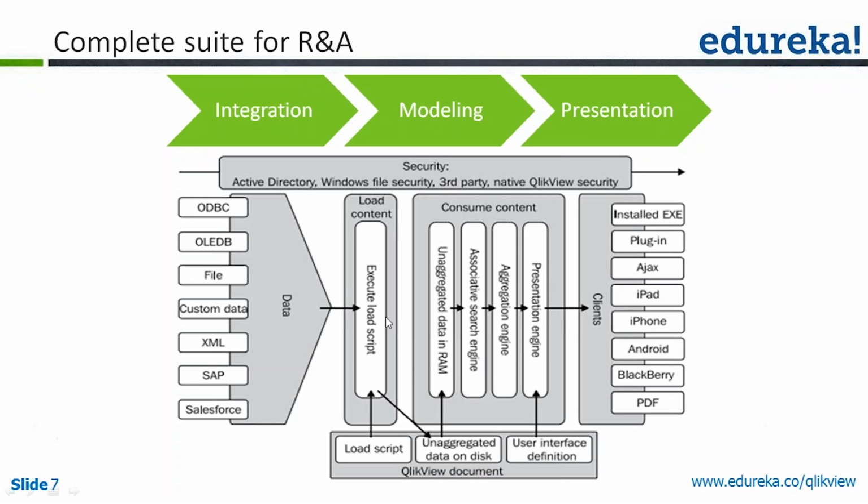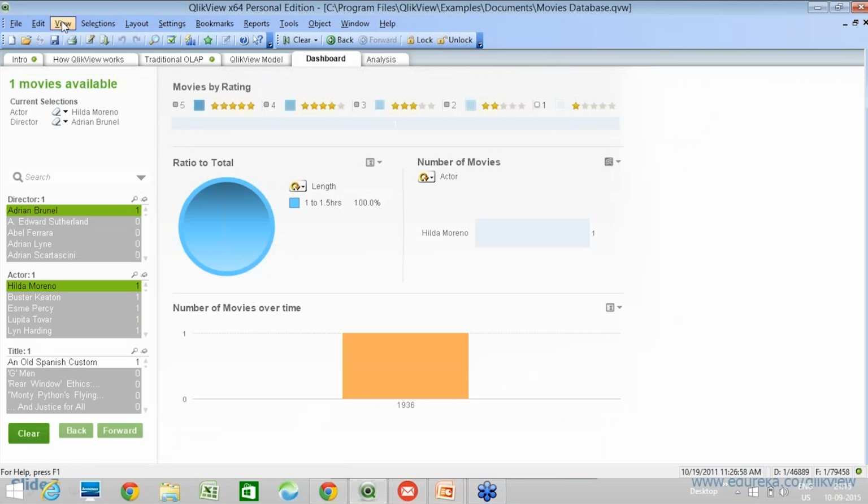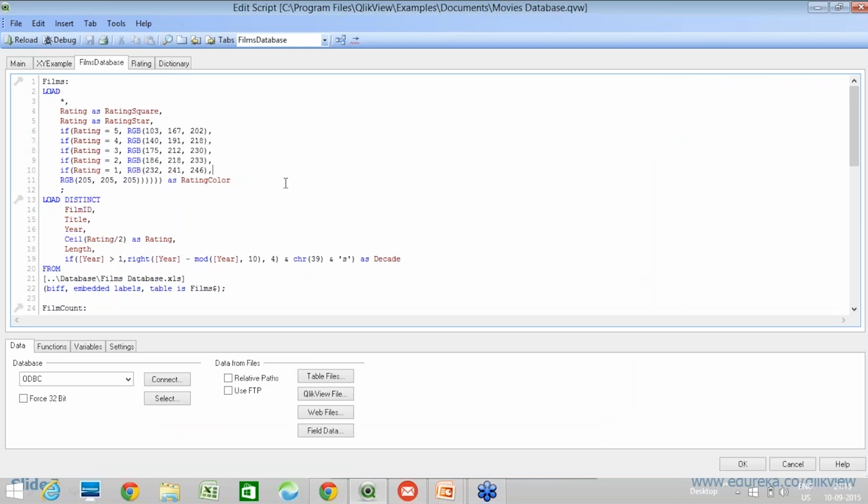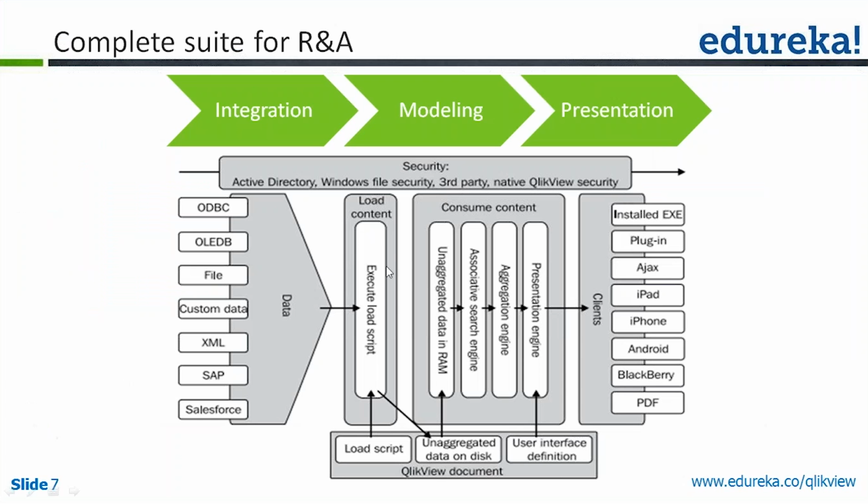Then you are basically loading the data into its memory, which is done via the load script. So I have shown you that script. Let me quickly go back and show you the edit script section. So here is the edit script, which is being taken care of over here.